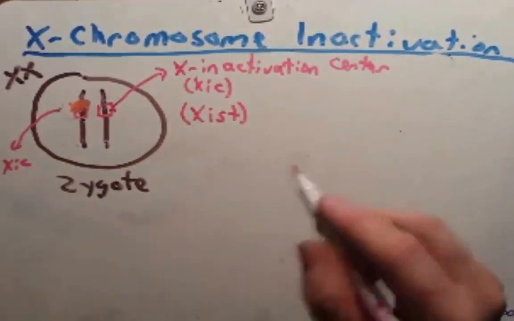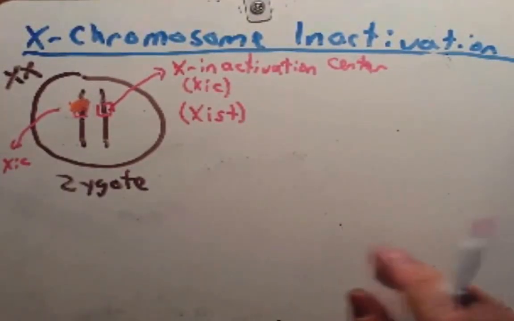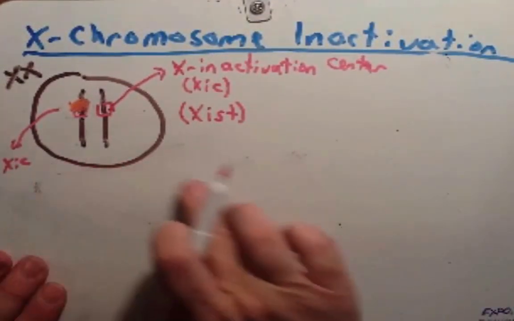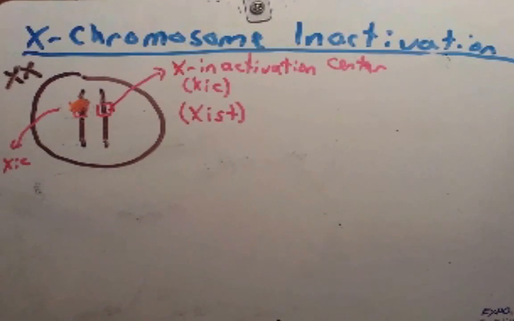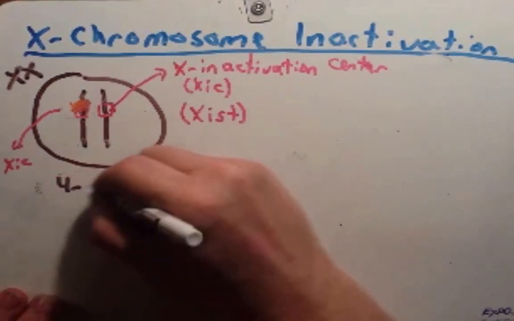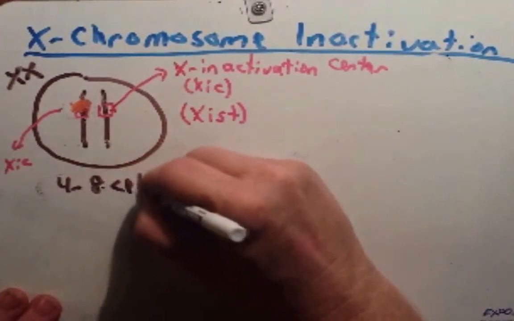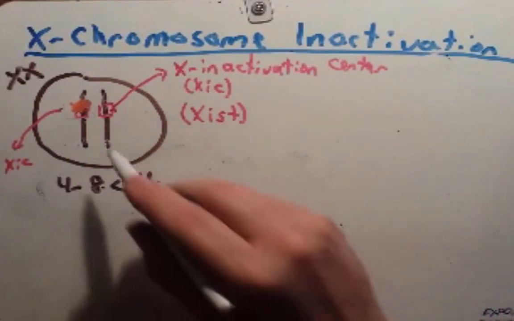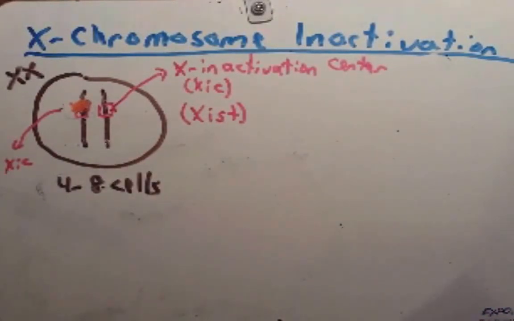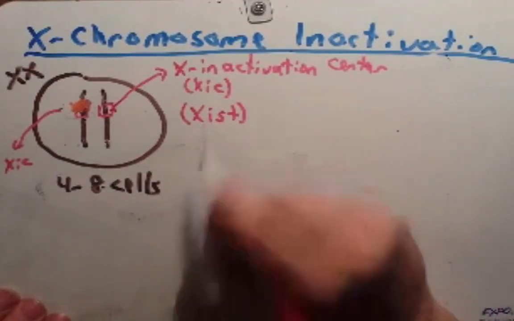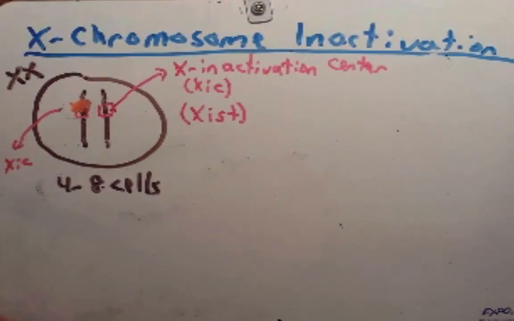As the embryo starts to grow and divide, and you have several cells, I'm going to erase zygote at this point, because now we're looking at a cell that's maybe 4 to 8 cells, or an embryo that's 4 to 8 cells. This is one of those cells from that really small embryo. The xist gene now becomes expressed, and as it's being expressed, it's making an RNA.